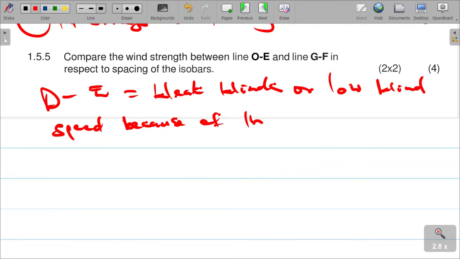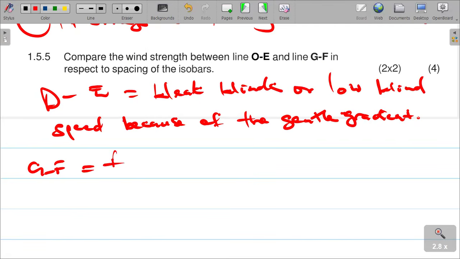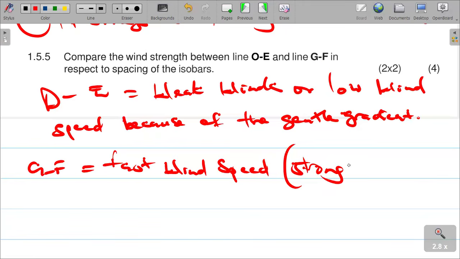Because of the gentle gradient, and then GF actually shows strong, fast wind speed, or we can say strong winds.